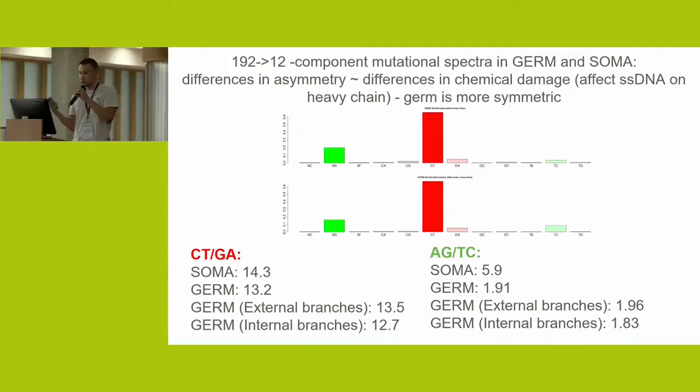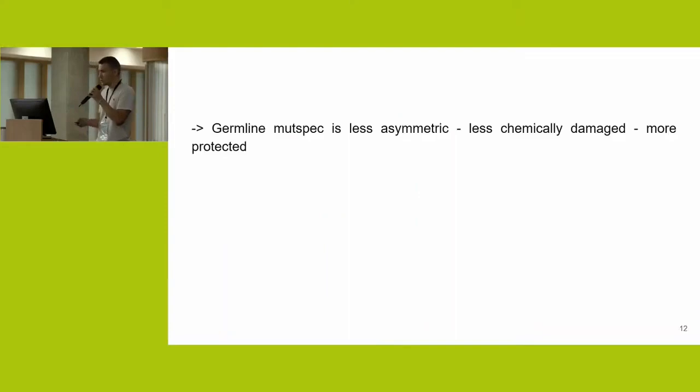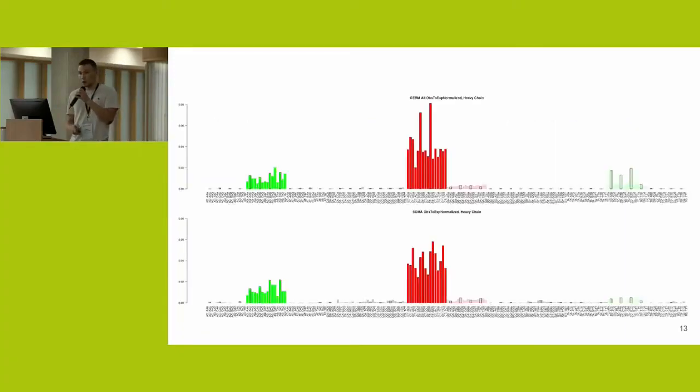What about A to G and T to C? The somatic line also has a higher level of asymmetry. So the germline mutational spectrum is less asymmetric, less chemically damaged, which means more protected.